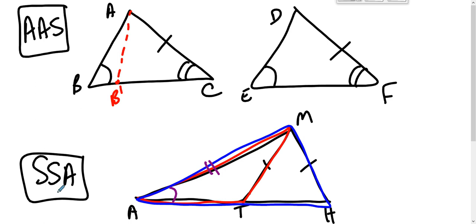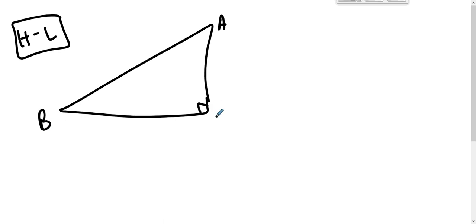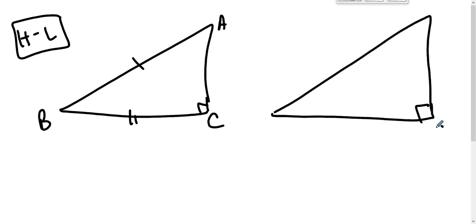The only time side side angle works is when you're dealing with hypotenuse leg, which is legit. So you have triangle ABC, but angle C is a right angle. And then you have triangle DEF, and angle F is a right angle. Now in high school, we get away with hypotenuse leg by saying, oh yes, by the Pythagorean theorem, these sides must be congruent, but that's not a thing here.